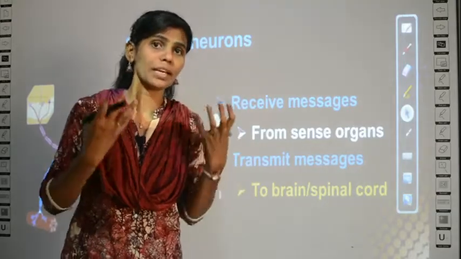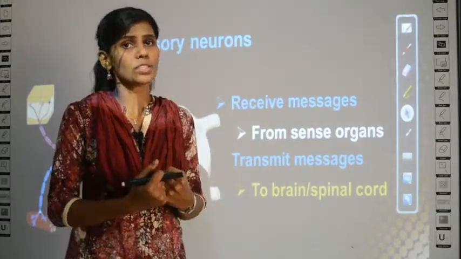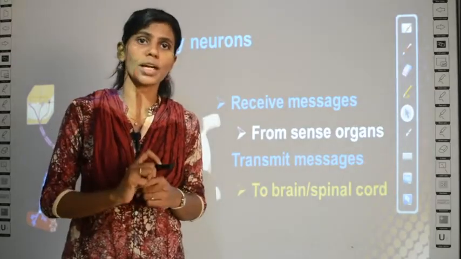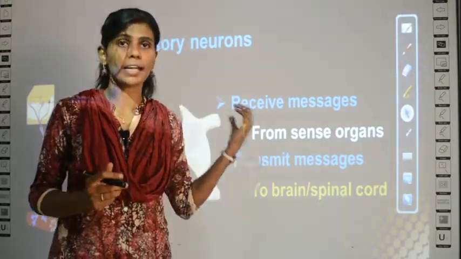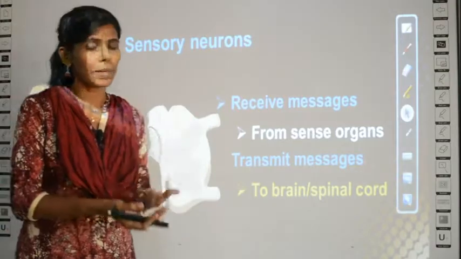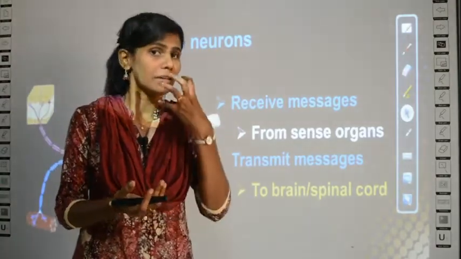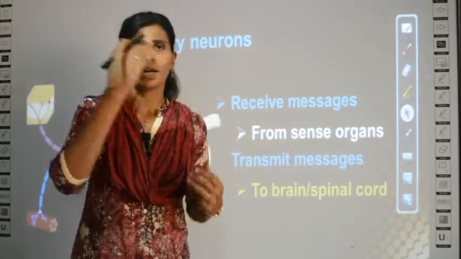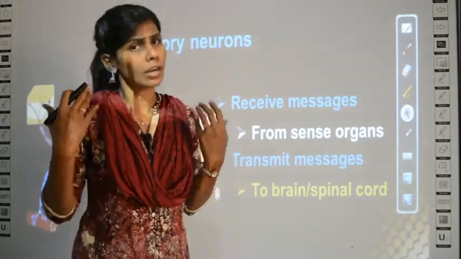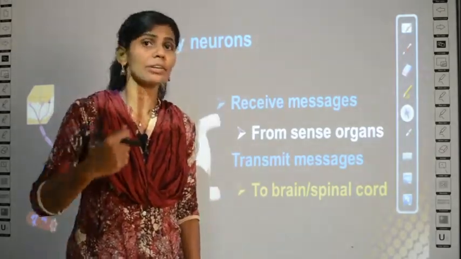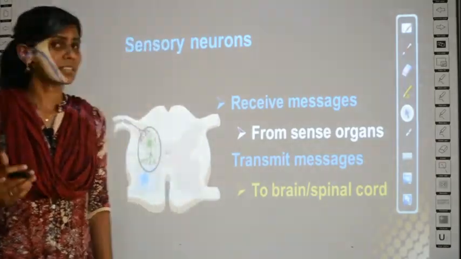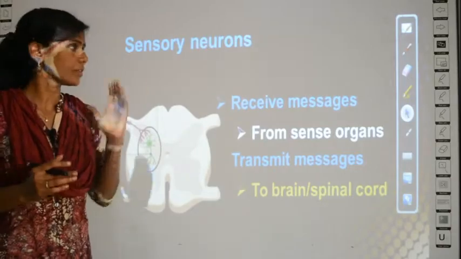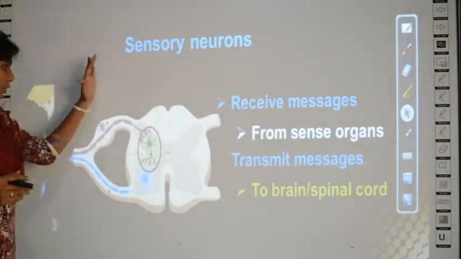Say for example, the information that the temperature is hot, the information that something is sharp, the knife is sharp. All that information is carried by the neurons from the place where the signal is received, either in your skin or in your head or in your foot, wherever it is received, to the place where it is transferred to the spinal cord or to the brain. So, this is all about sensory neurons.